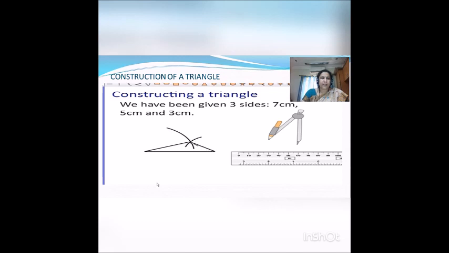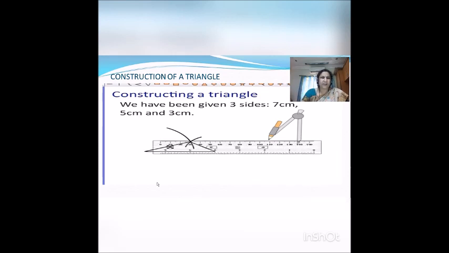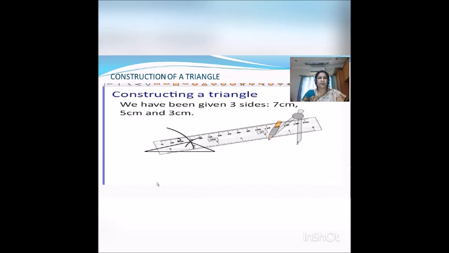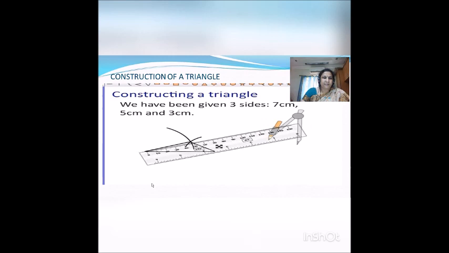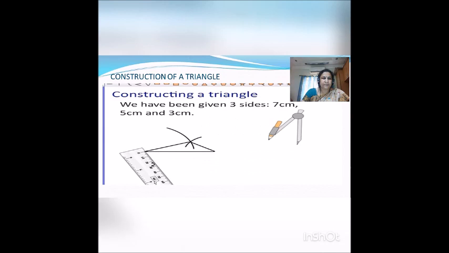And here we have constructed a triangle using given segments or given information. You can check with the scale. See, this is 5 centimeters exactly, one side, and the other side is exactly 3 centimeters.